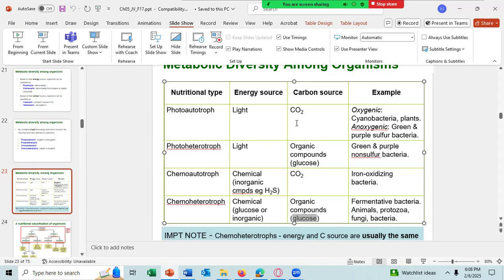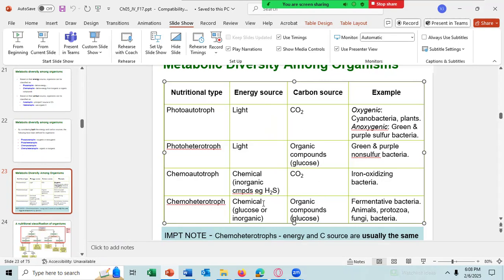With some chemosynthetic bacteria, they will get their carbon source from glucose. So they break down glucose to get their carbon. But the chemosynthetic bacteria can use a chemical compound for their energy needs. What they do is they strip electrons from certain chemicals and then get their energy from that.